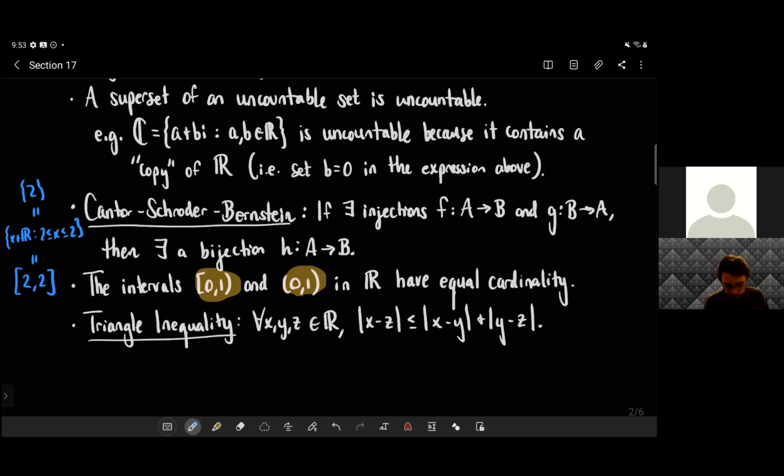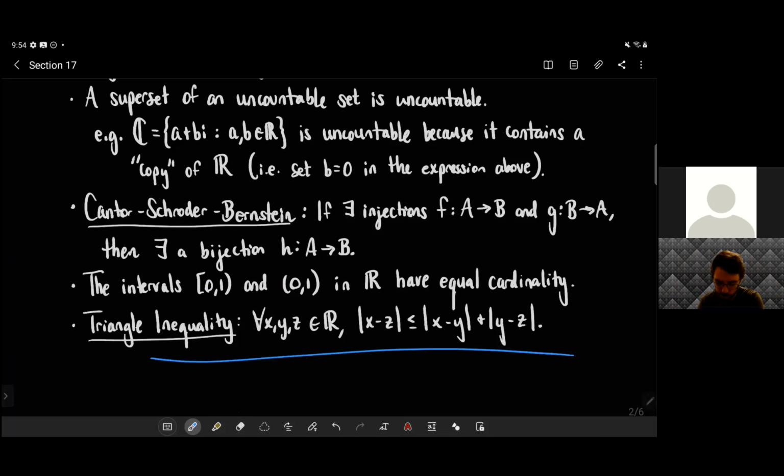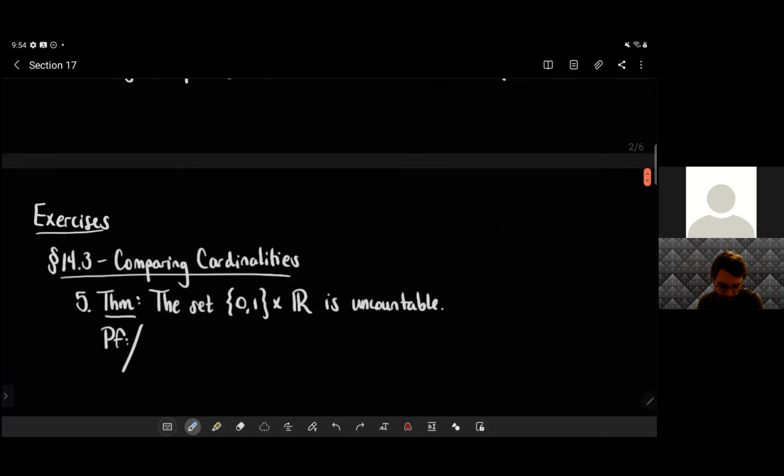Any other interval you write is going to have uncountably many real numbers in it, regardless of whether it's closed, open, or half closed, as long as it's not one of these weird cases where it's a singleton or the empty set. You can always form a bijection between the two sets. Maybe hard to write down explicitly, but should be possible. And then we have the triangle inequality, which we'll play around with in a sec.